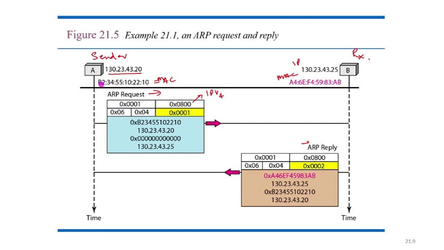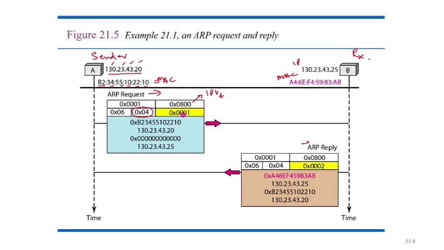A MAC address is given by 6 different bytes, byte 1, 2, 3, 4, 5 and 6, so this is given by 6. The next one is the protocol length, which is basically the IP address length. An IP address is byte 1, byte 2, byte 3, byte 4, so 4 bytes, and here its value is 4.